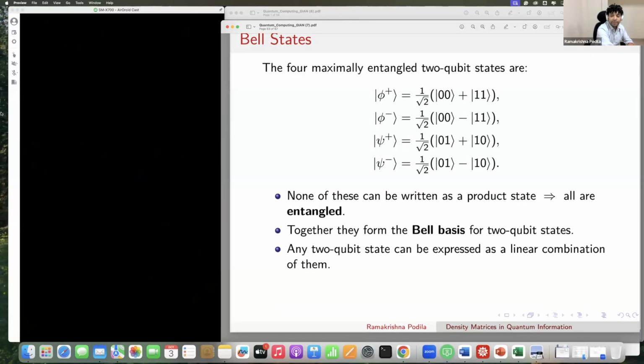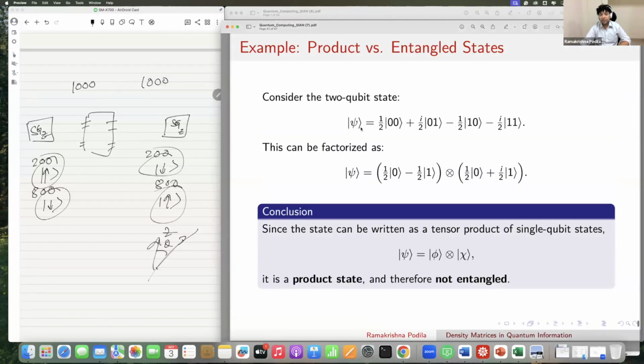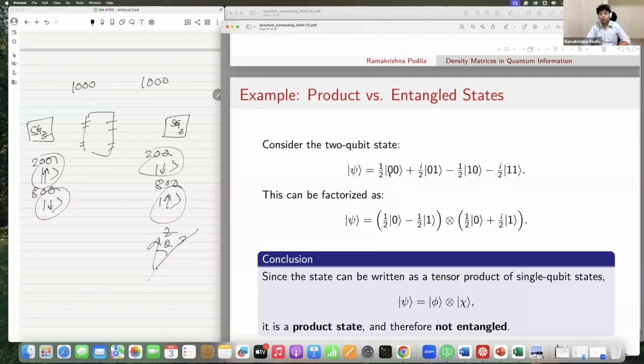Are you able to follow me? So I would get these correlations. That's what I mean by correlations. In the previous case here, if I measure particle 1 to be in 0 state, then I have a probability of measuring the second particle to be in 0 or 1. So I can get 1 or 0.